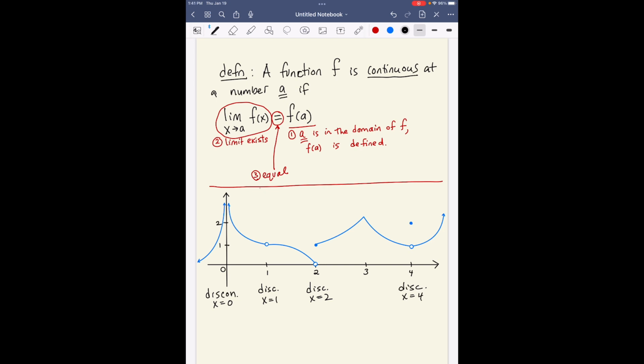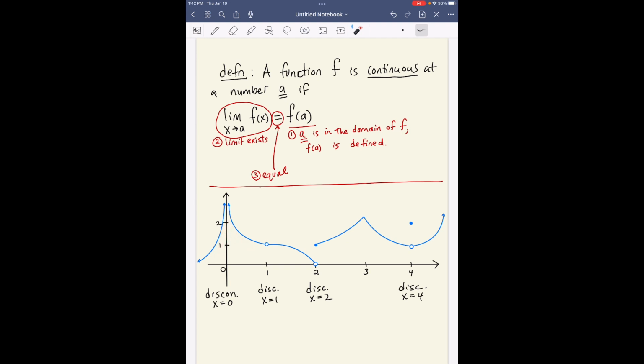Okay, so the next question we might want to ask is, what part of the definition that we have up here fails at these different points of discontinuity? Okay, so let's take a look at what happens at x equals 0. If I look at the graph near x equals 0, what I can see here is that I have an infinite limit, okay?